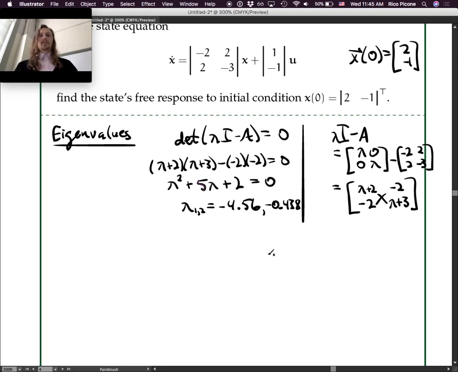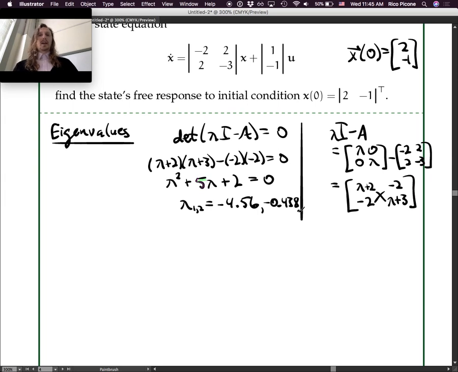Now, we have our lambdas. So what is our lambda matrix? Yeah, so negative 4.56, 0, 0, negative 0.438.